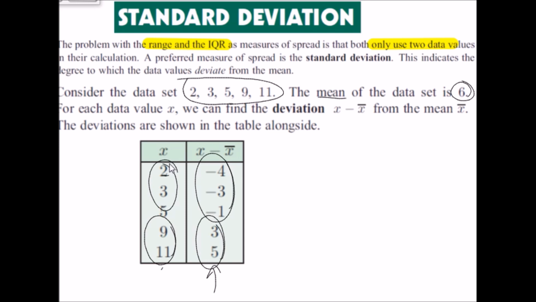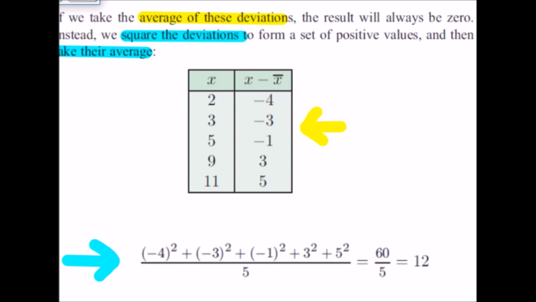So what we have to do is get rid of these negative values, and to do that I can square my deviations. So here I have squared each of my deviations, -4 squared, -3 squared and so on, and if I add up the squared deviations, I get a total of 60. I then divide that by how many scores I have, 5, so I end up with 12.